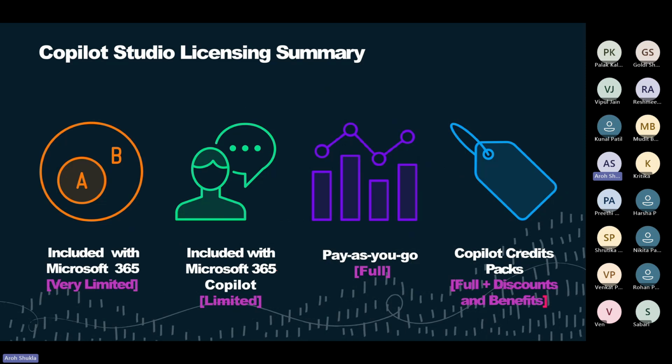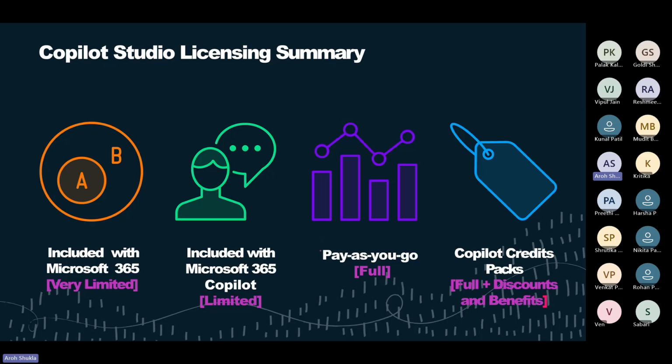From the licensing standpoint, if you have Copilot in Microsoft 365, everyone has, right? So that Copilot has very limited capabilities, very limited. But if you have the licensing for Microsoft 365 Copilot, that has slightly greater capabilities.